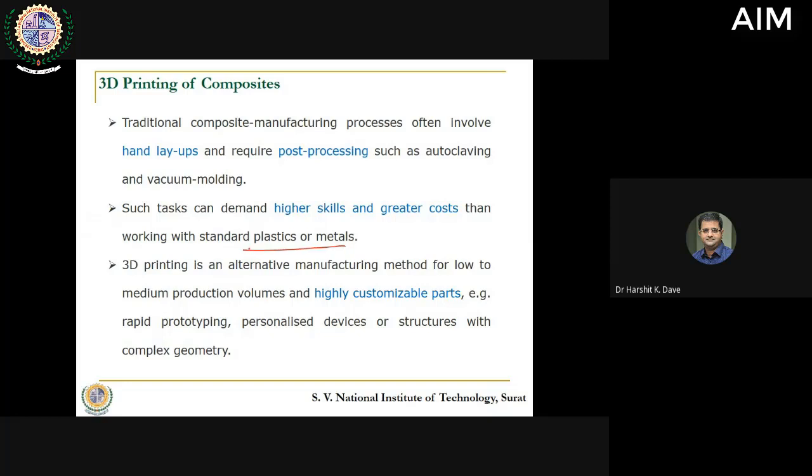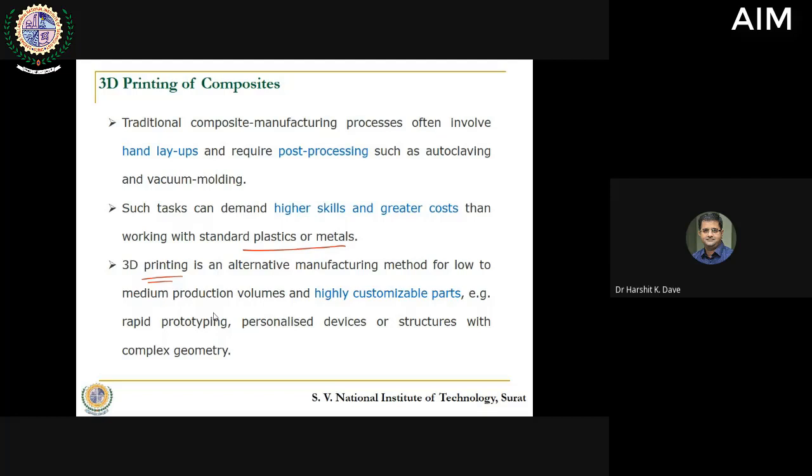So as against these traditional manufacturing processes, 3D printing as on date is becoming an alternative manufacturing method for composites. However, this works well when the production volumes are low to medium, and when highly customizable parts are required.